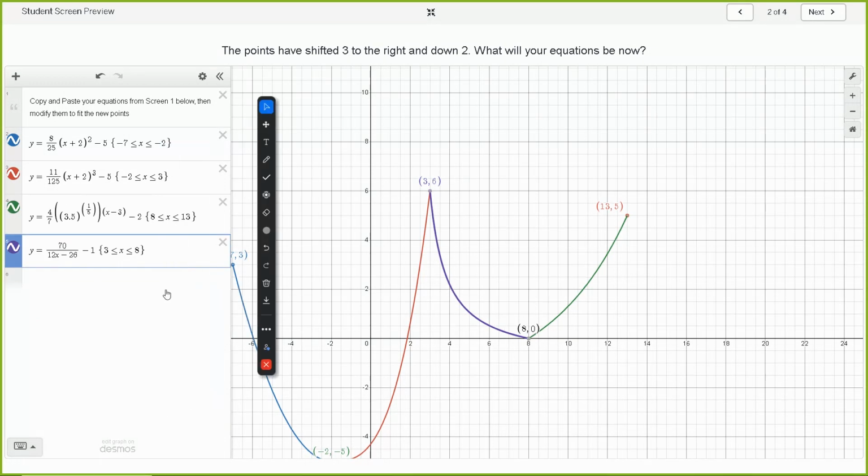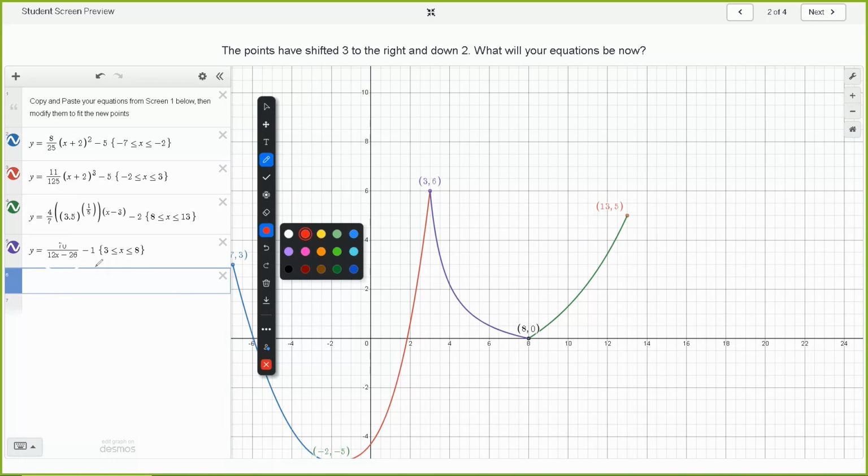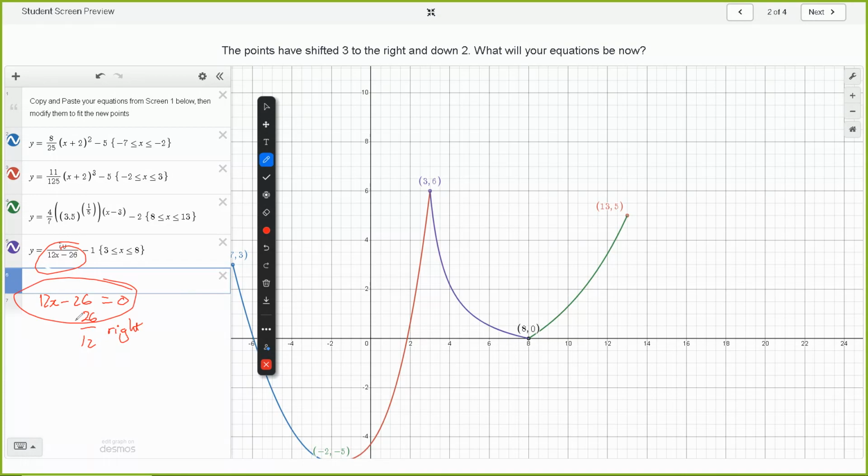We can talk to it as well from the previous one. Another thing here is that the actual motion, remember, the horizontal shift that takes place from this here is 26 over 12 to the right. Because if you make 12x minus 26 equal to 0 and you solve it, x will equal that, and that would be the right motion because it's positive.